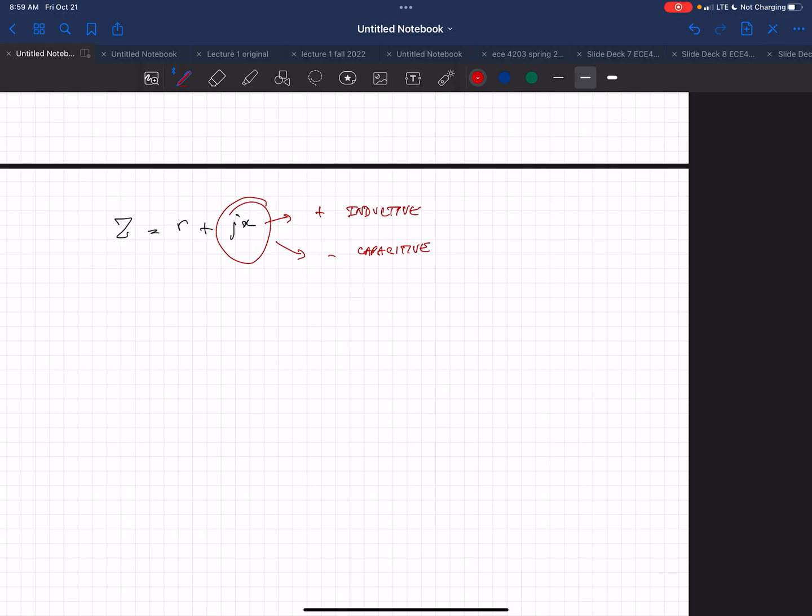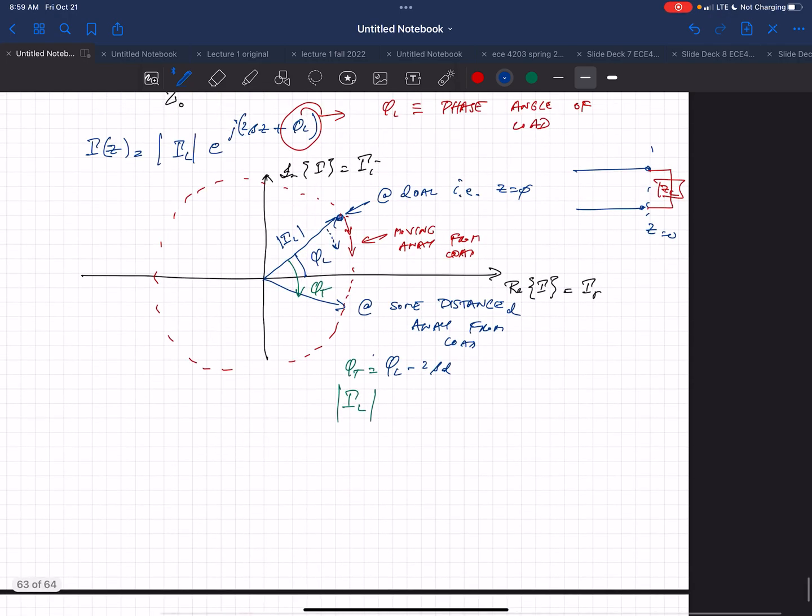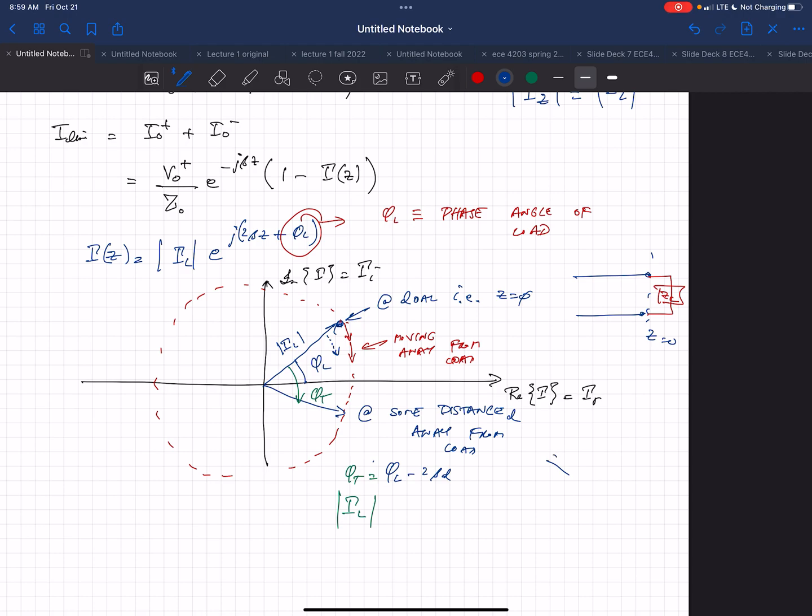So if I was going to draw this in its own complex plane, this is the Z complex plane. This is the gamma complex plane.